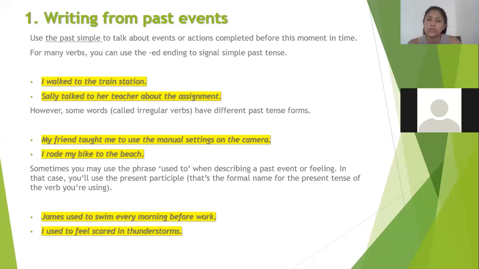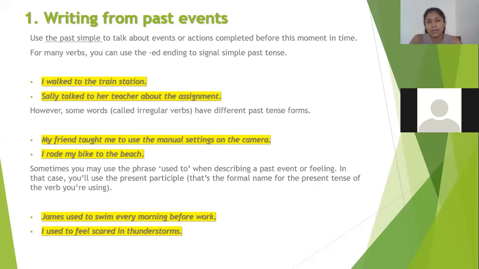And this is more used to describe feelings or actions that the subject used to do in the past, right? But not anymore. So when we use used to, we're gonna change the verb from past to present, just the structure of it, but it doesn't mean that it's in present, it is still in past.